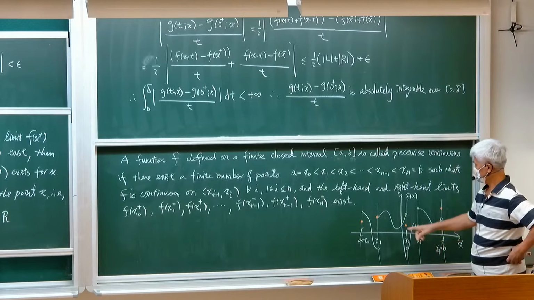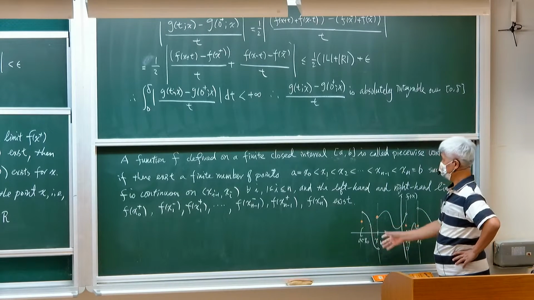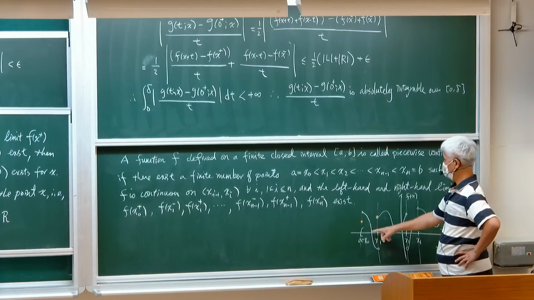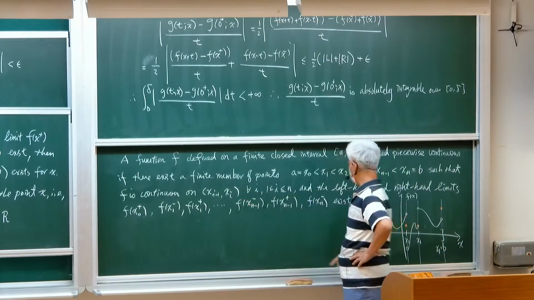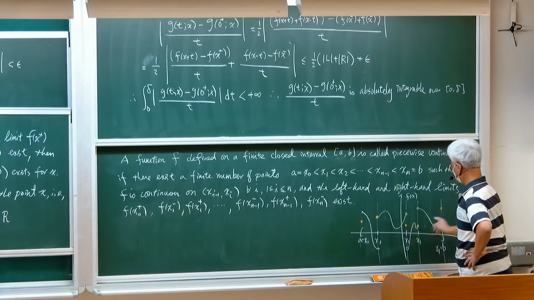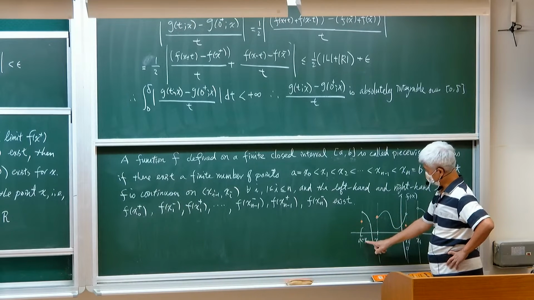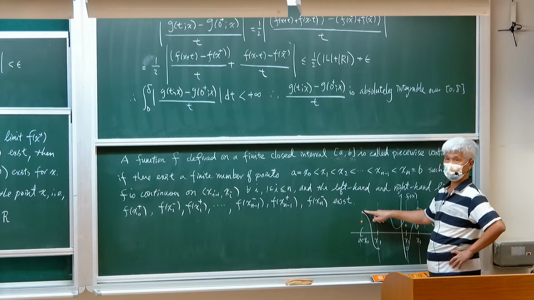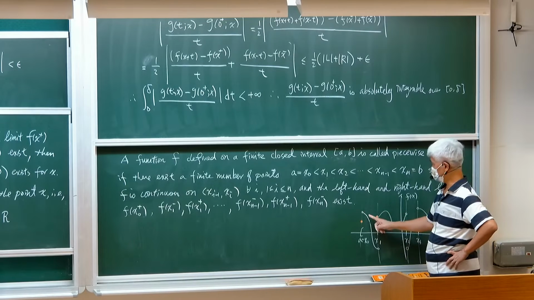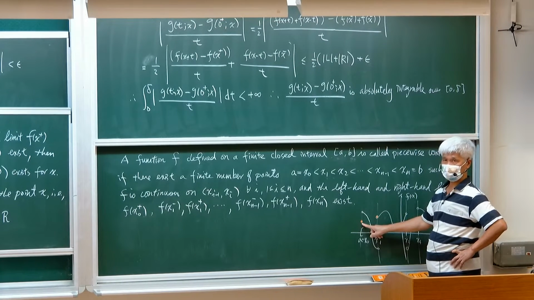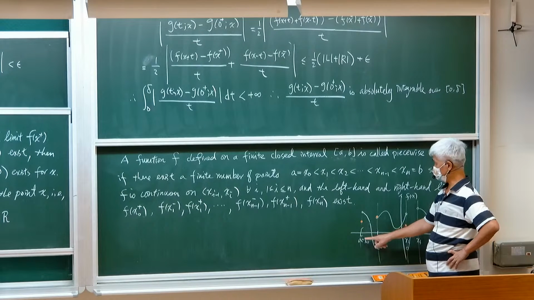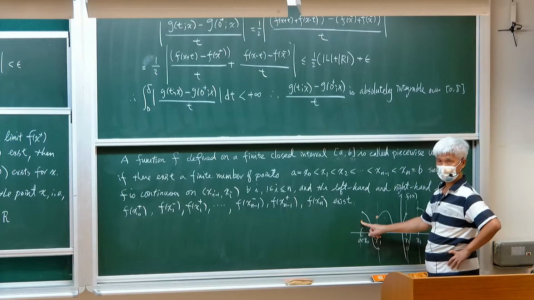So you can see that in each open subinterval, the function is continuous. And we can see that at x0 we have a right-hand limit, because the value goes to here, even though the right-hand limit is not equal to the function value at x0, because f of x0 is this point.